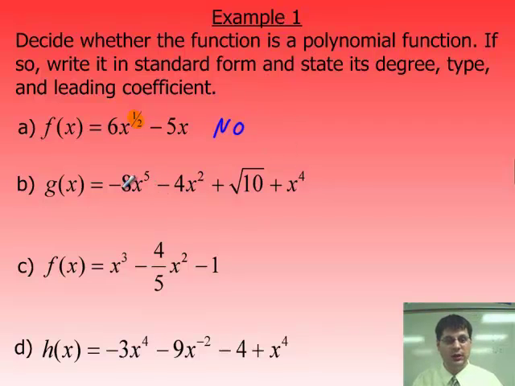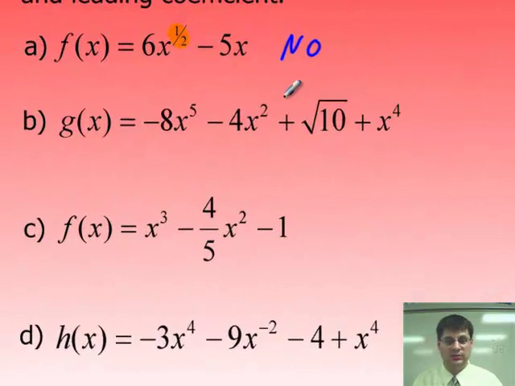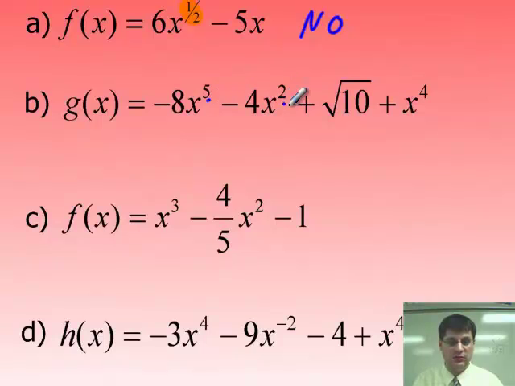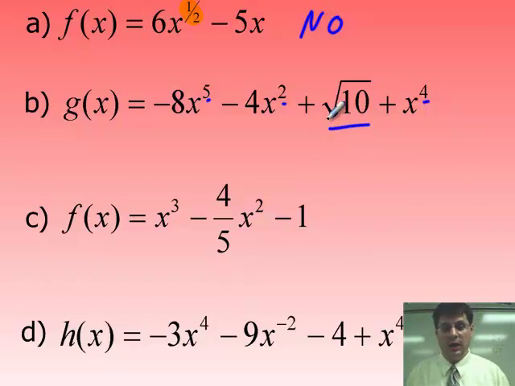This next one, b, I'm looking at all the exponents. I have a 5 and a 2 and a 4, and notice it's not in descending order, so it's all mixed up. It's not in proper form. And then we have the square root of 10, but that's just a constant, and that's okay. It's just going to be some number.